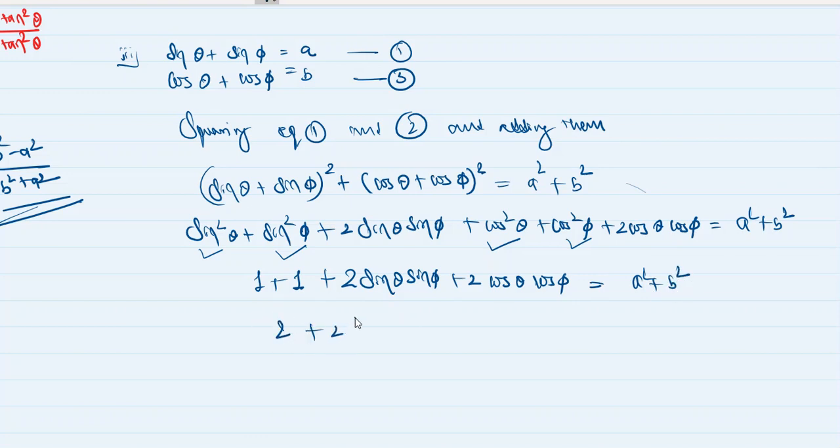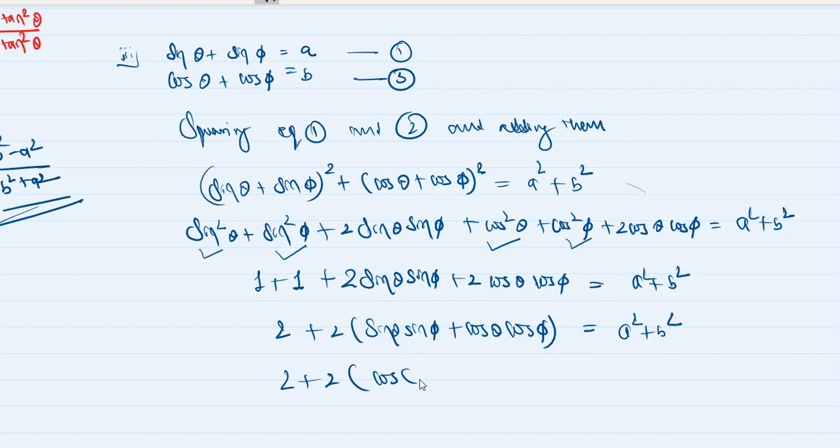So 2 plus 2 bracket sin theta sin phi plus cos theta cos phi. Now this is the formula for cos A cos B plus sin A sin B, which is cos of A minus B. So 2 plus 2 bracket cos of theta minus phi is equal to a square plus b square.